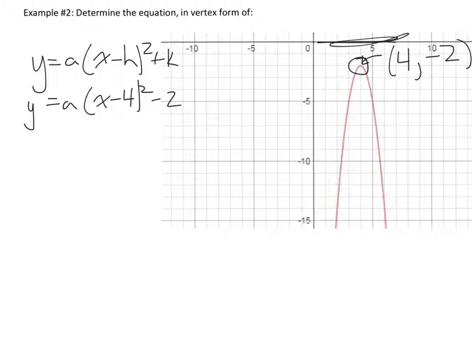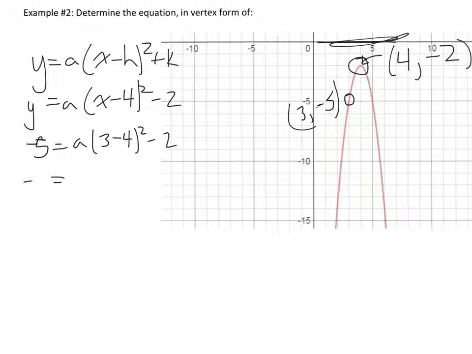To figure out a, I use any other known point. For example, I could use that point right there, which would be (3, -5). Plug that in to get -5 equals a times (3 minus 4) squared minus 2. 3 minus 4 is -1, squared is 1.